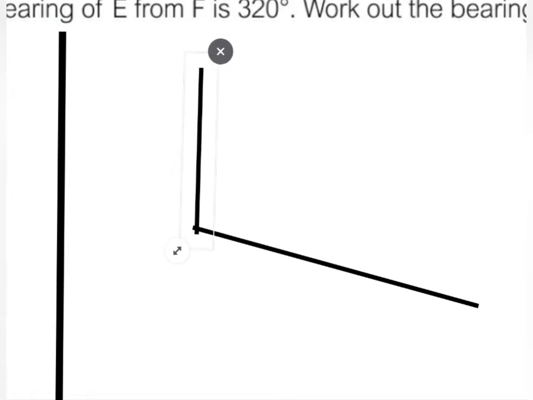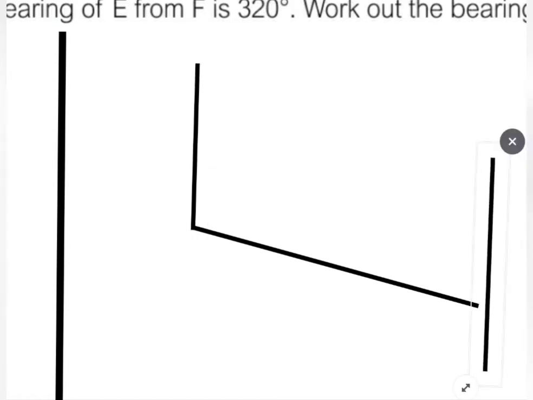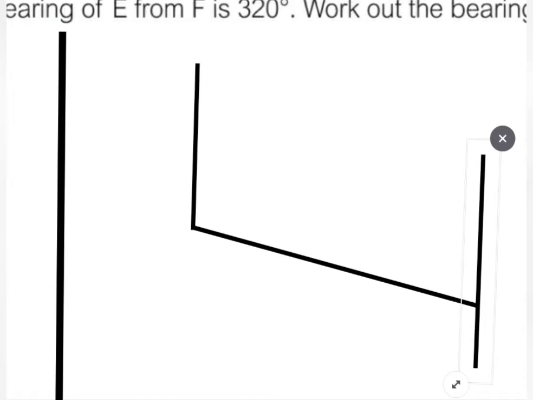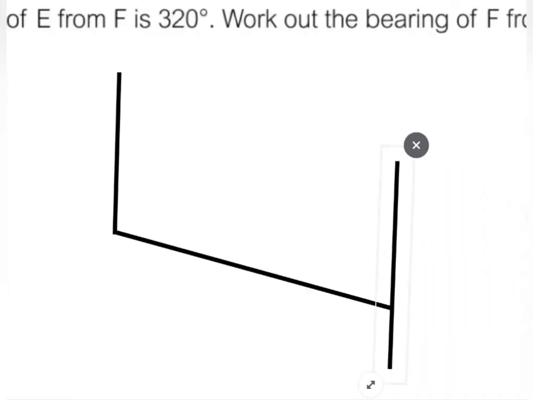And another north here. I'm going to make it tall so you can understand the idea of the 180. Because we answered this question before using the corresponding angles rules.